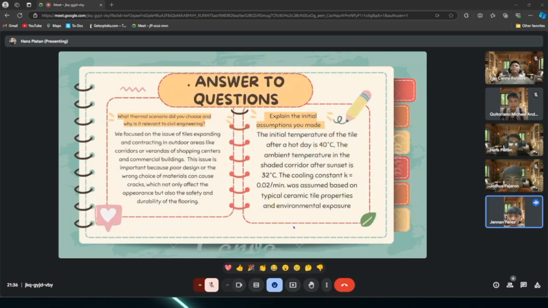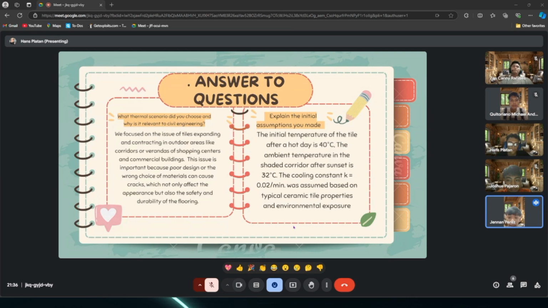For the question and answer, for number one, what thermal scenario did you choose and why is it relevant to civil engineers? The article discusses the issue of tiles expanding and contracting in outdoor areas such as corridors and verandas, shopping centers, and commercial buildings.